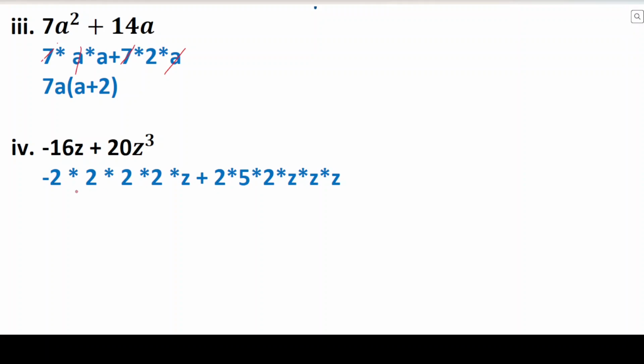What are the common factors? If you see, 2 is repeated here and here. Next 2 and 2, repeated 2 times. Next, what is the common factor? z. So 2 into 2 into z, that is 4z, is the common factor here.